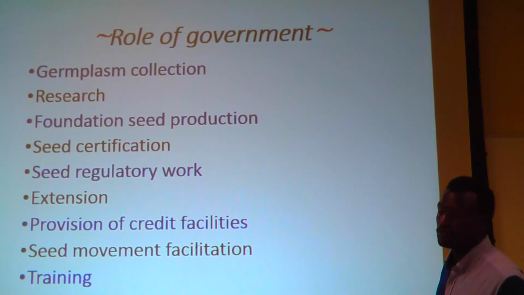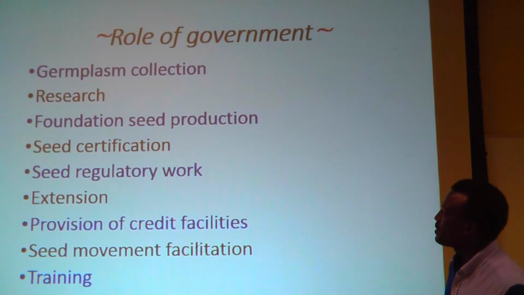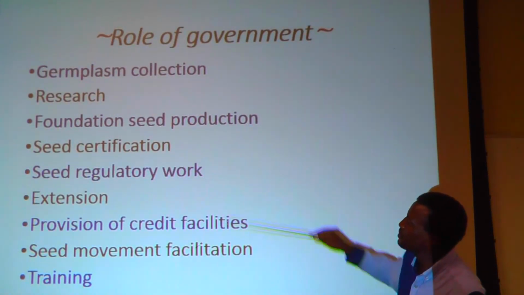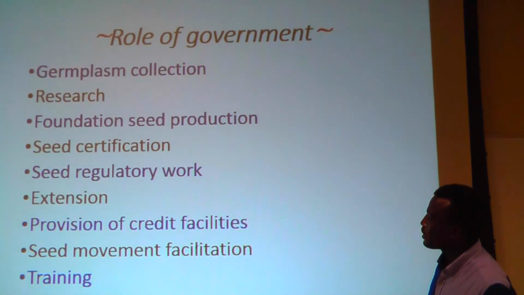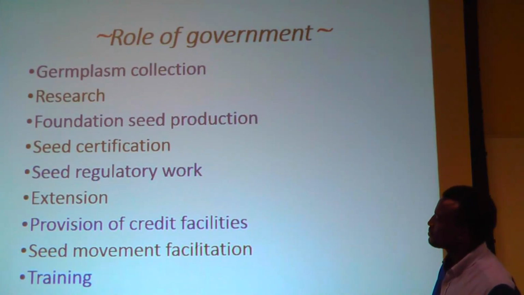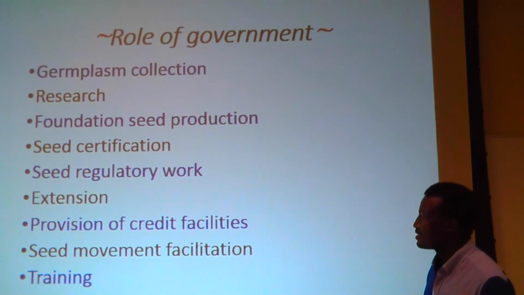First one is germplasm collection, the second is conducting research, the third is production of foundation seeds, and the fourth, seed certification and seed regulatory work, the extension, provision of credit facilities, where if the government has some funding, it can promote the seed industry growth by providing credit facilities to role players.